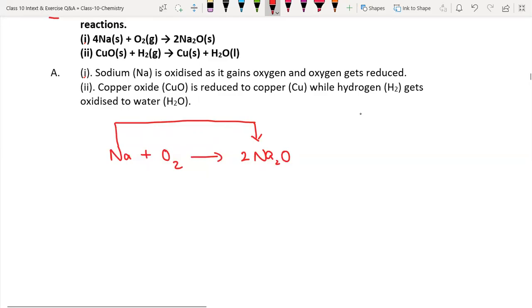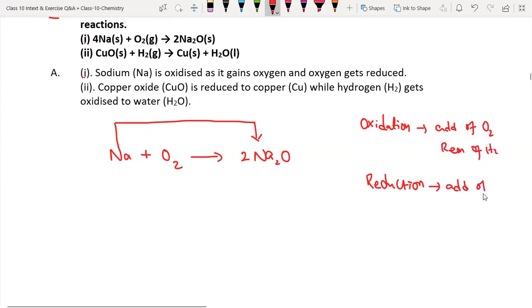So here we have to understand the difference between oxidation and reduction. Oxidation means addition of oxygen or removal of hydrogen. Next, reduction means addition of hydrogen or removal of oxygen.